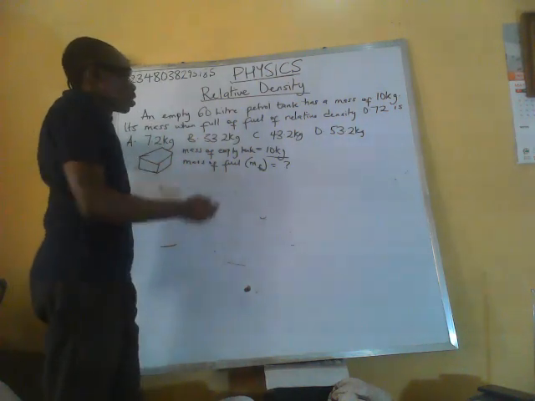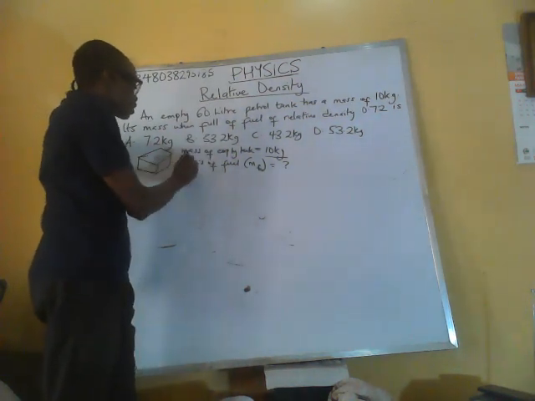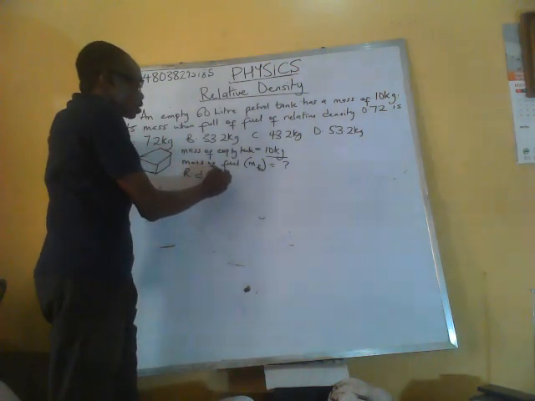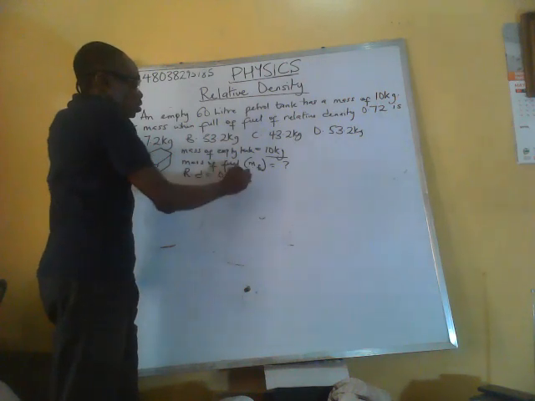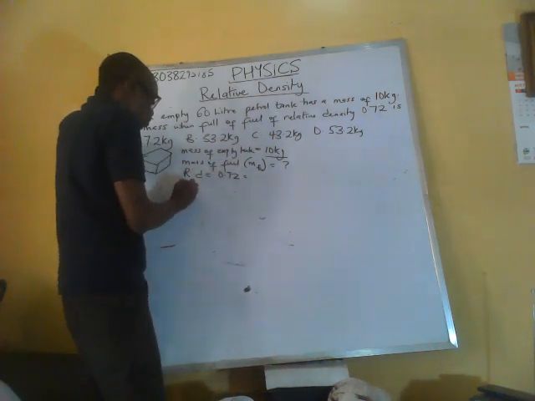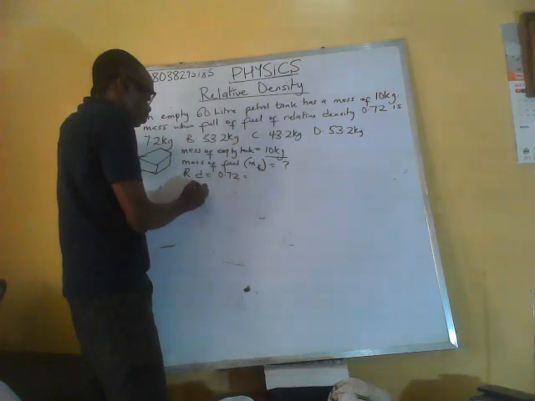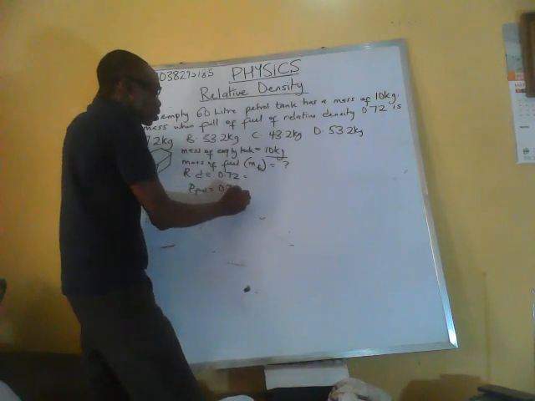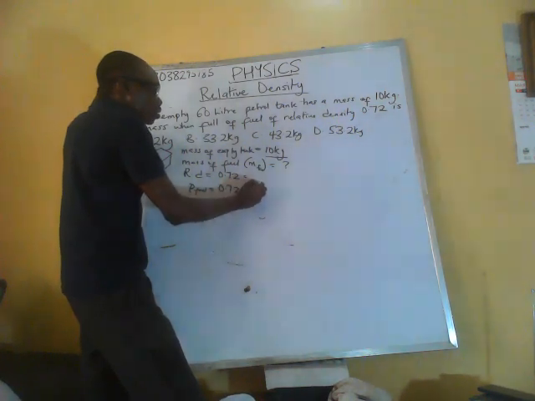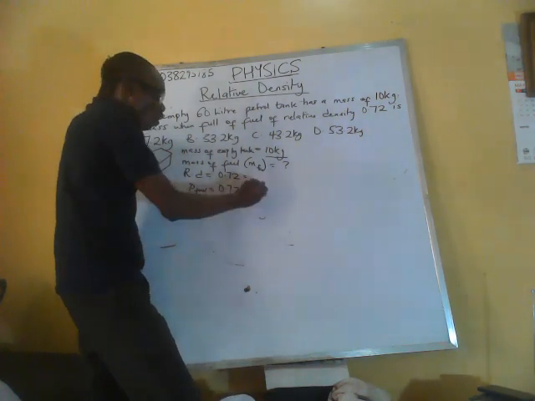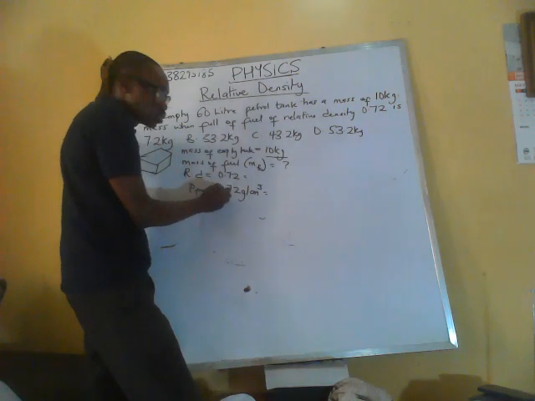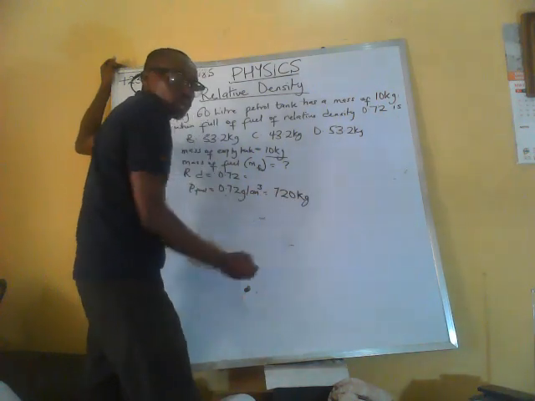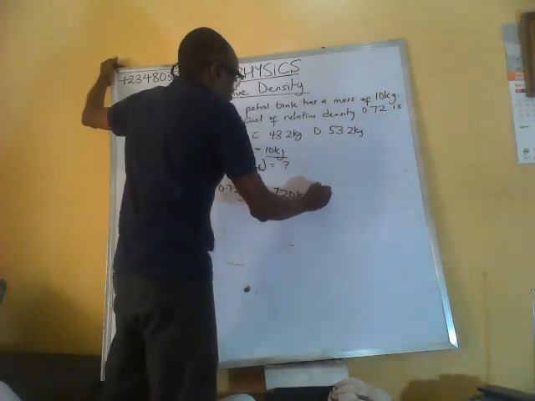So we know the relative density of the fuel. Relative density of fuel is 0.72. So that means the density of fuel is 0.72 gram per cubic centimeter, or 0.72 times 1000, which will give us 720 kilogram per cubic meter. This is the density of fuel.